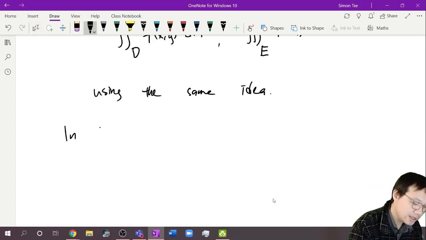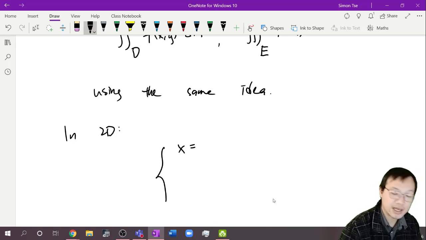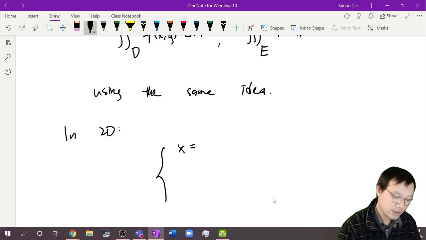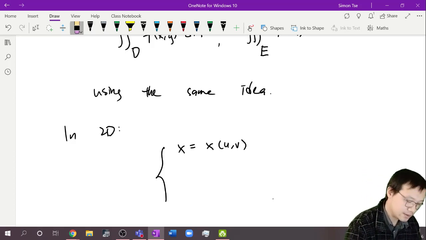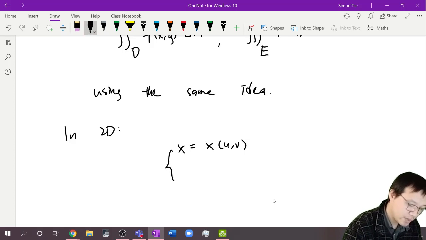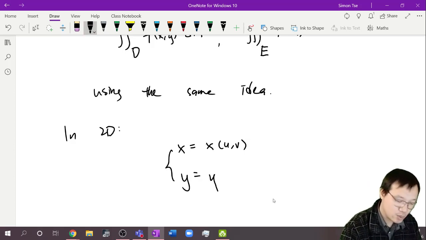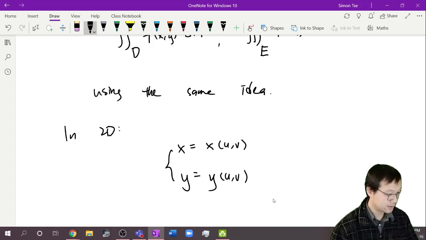In 2D, a substitution would look like this. Instead of x as a function of u, you're going to have x as a function of u and v. And again, y would be replaced by a function of the two variables.